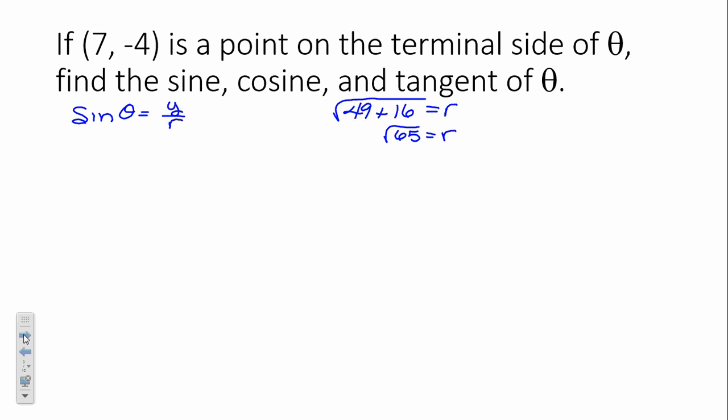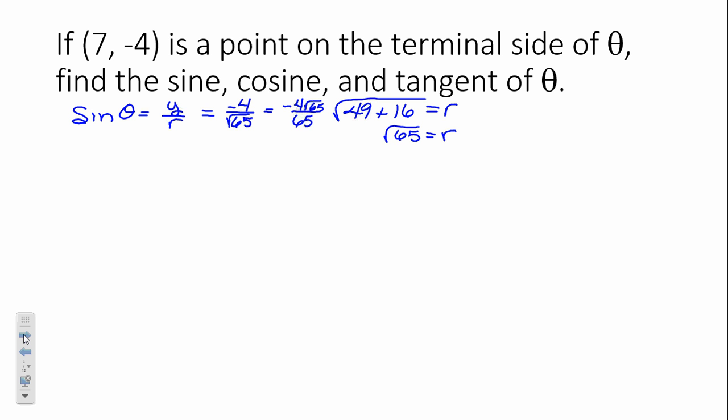So we have our y value over the square root of 65, and we don't like to leave that with a radical in the denominator, so we're going to make that -4 square root of 65 over 65. We'll do the easy one next.